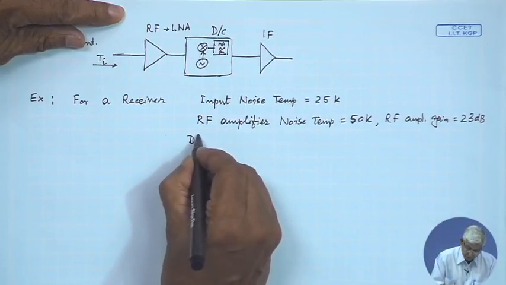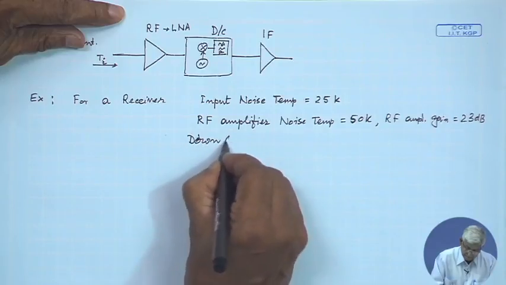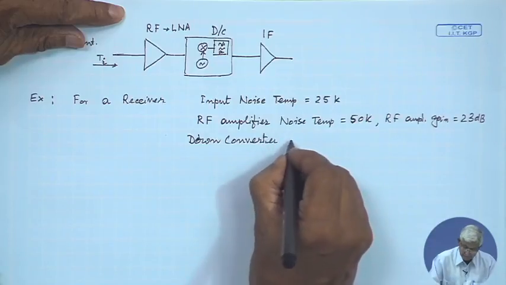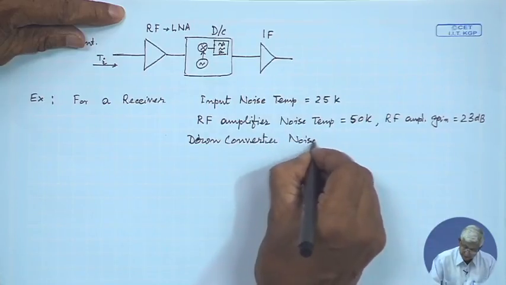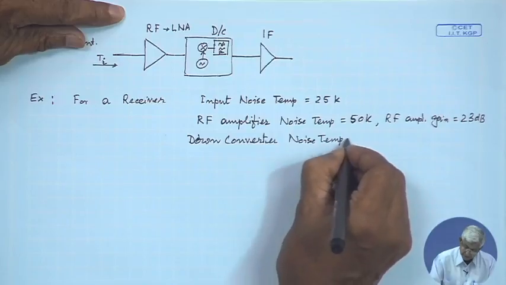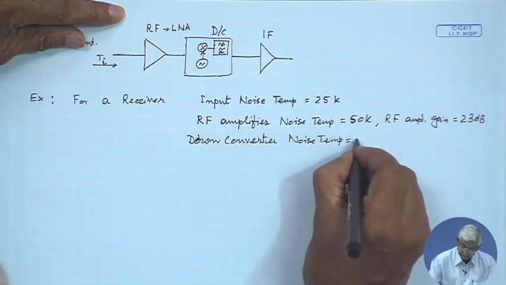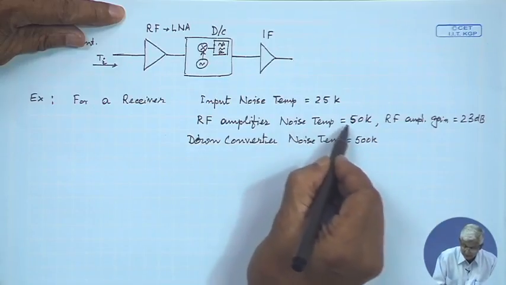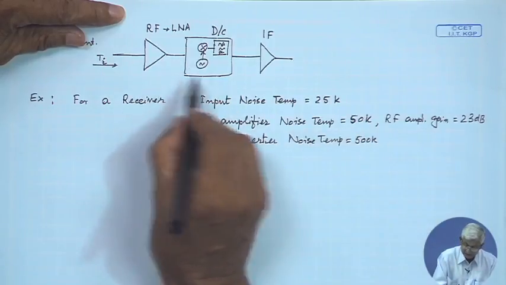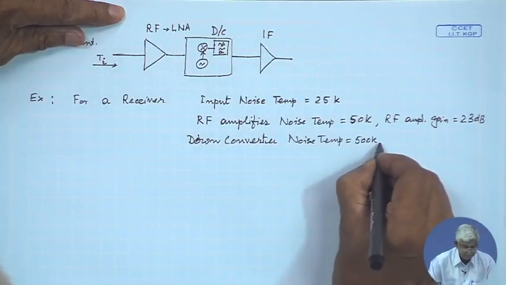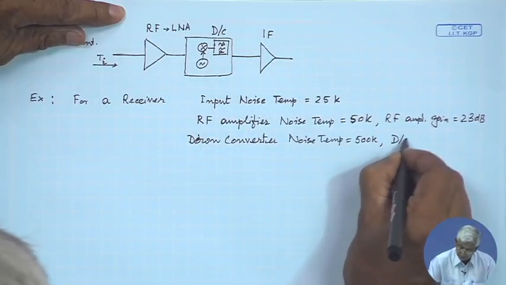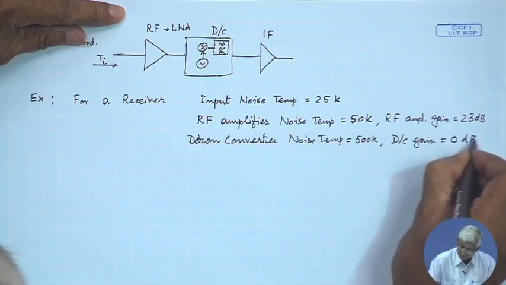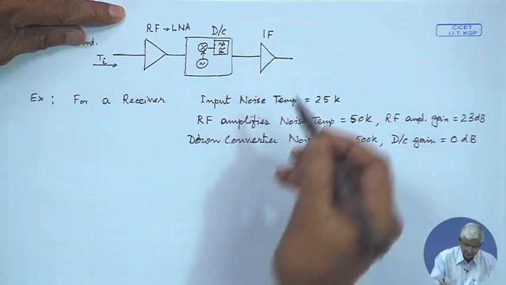Then the down converter noise temperature, which is the effective noise temperature, is 500 K. You can see that the low noise amplifier had a much lower value. The second stage has a much higher noise temperature, and the down converter gain is 0 dB, it does not provide any gain, let us say.